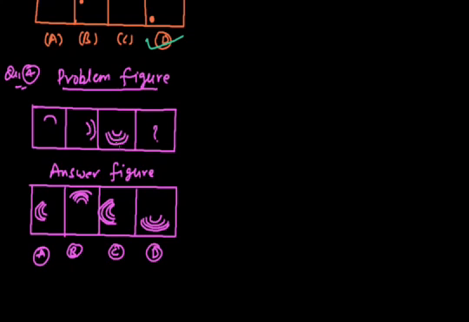So 3 curves are here, and according to this the curves move in clockwise. So the curve's position is here and increases by 1, then 4 curves are here. So option C is the correct answer.